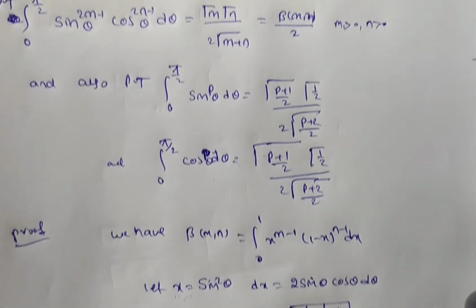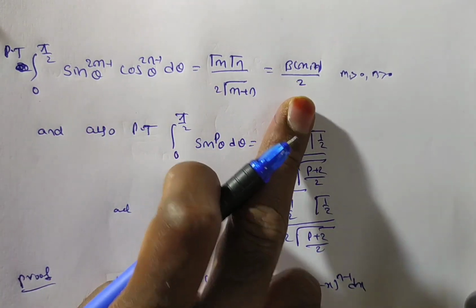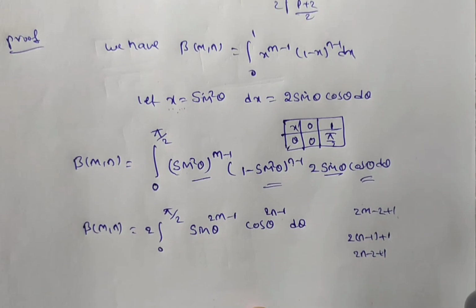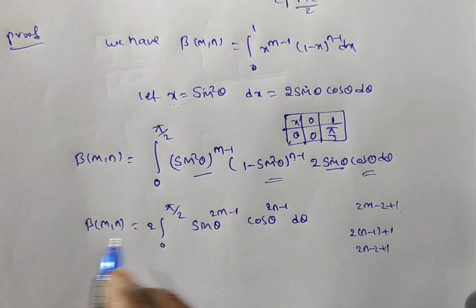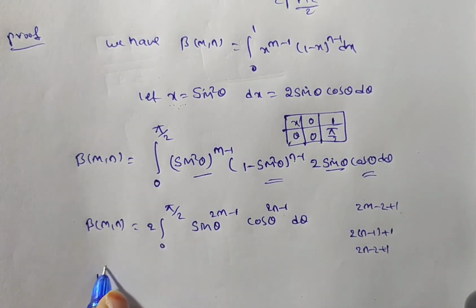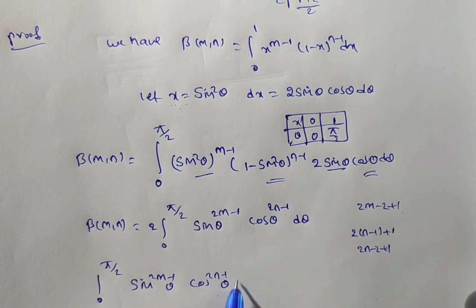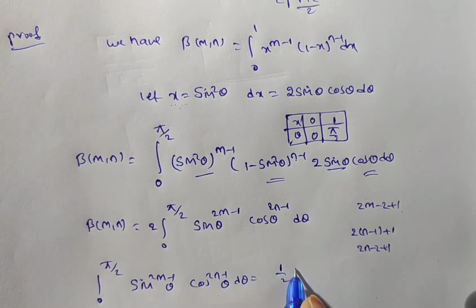So it is proved, or not? Here you have a 2, so it goes to the right side, divided by 2. Once again I will write in that step only. The integral from 0 to pi by 2 of sine to the power of 2m minus 1 theta into cos to the power of 2n minus 1 theta d theta has value 1 by 2 times beta of m comma n.